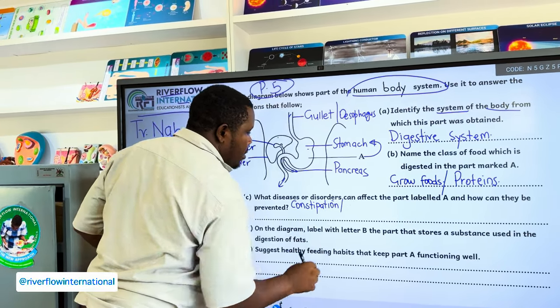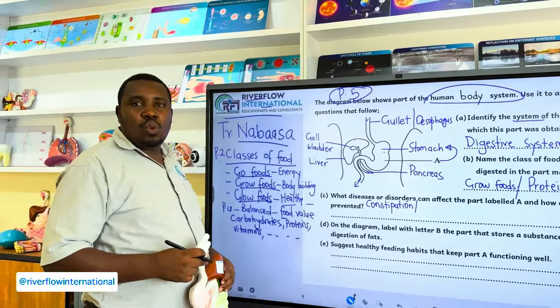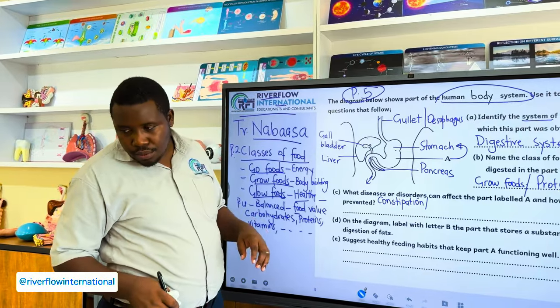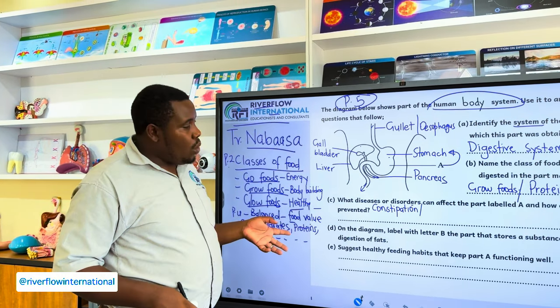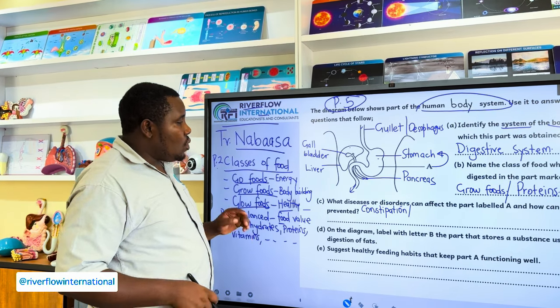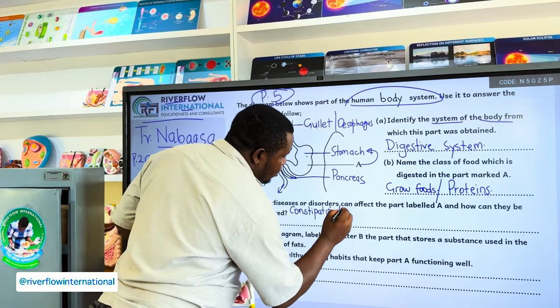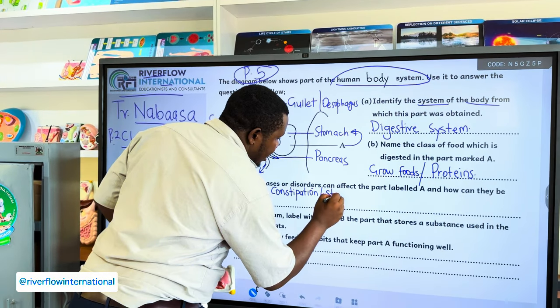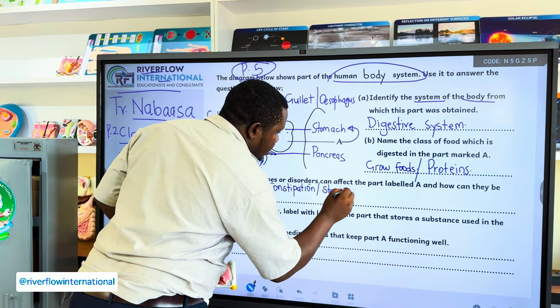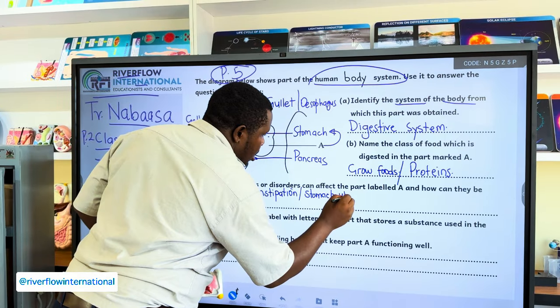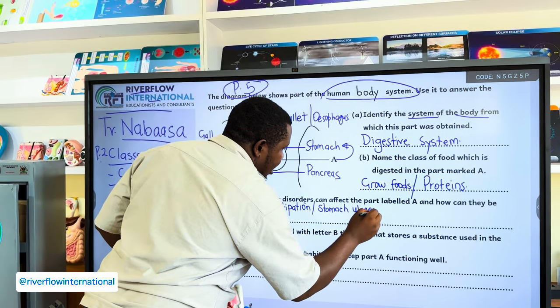That is one of the disorders. Now the other disorders could be even stomach ulcers.